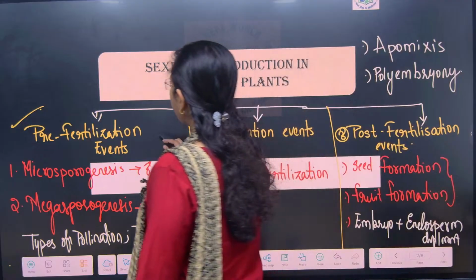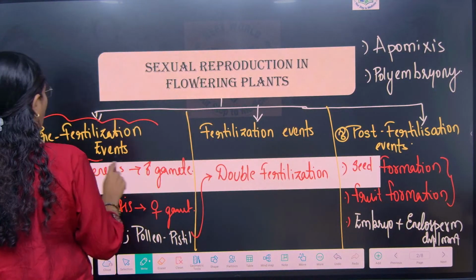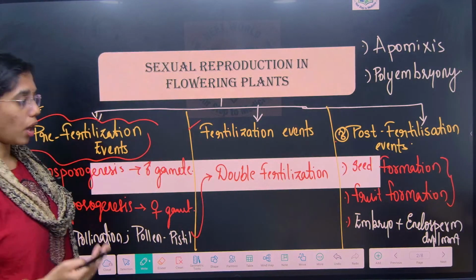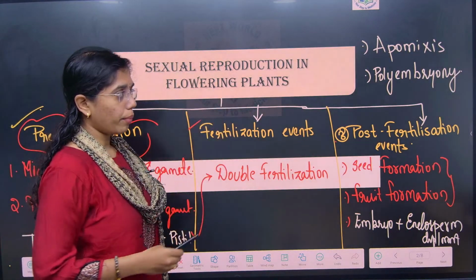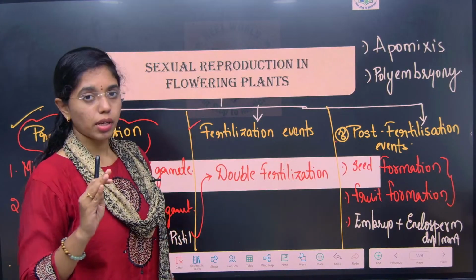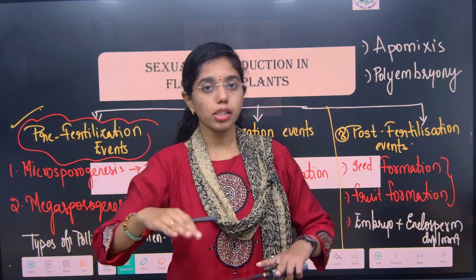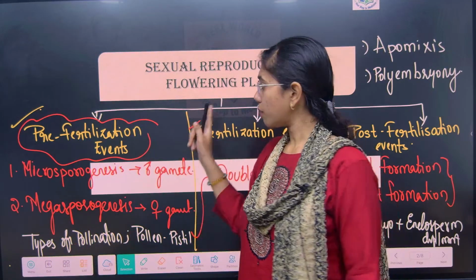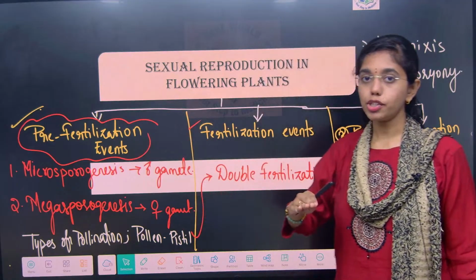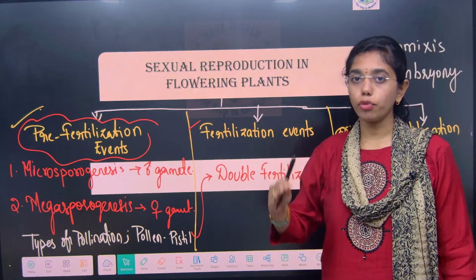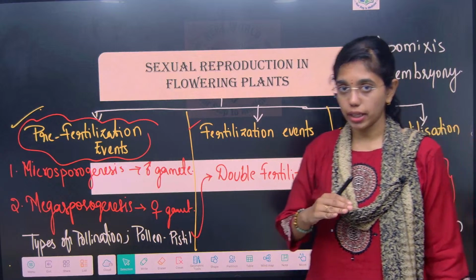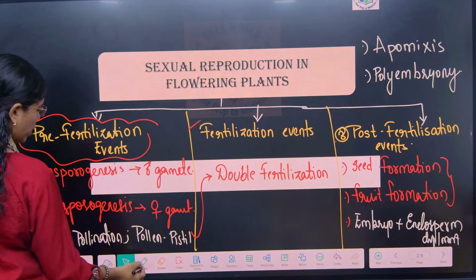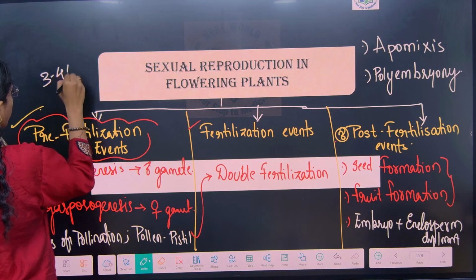So, be it from pre-fertilization events or fertilization events or post-fertilization events, or even from the special phenomena like apomixis and polyembryony, from any of the concepts, we cannot weigh like this concept is more important and this concept is less important in this chapter. All concepts of this chapter weigh equal weightage, and the probability of questions that you will get from this chapter in the final exam will be around 3 to 4 questions for sure.